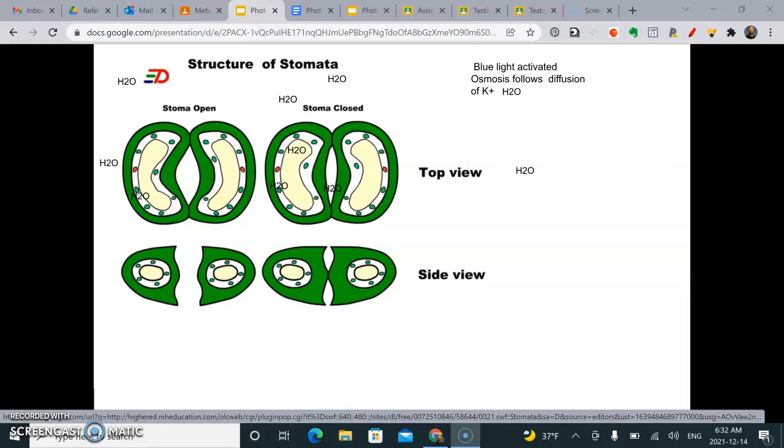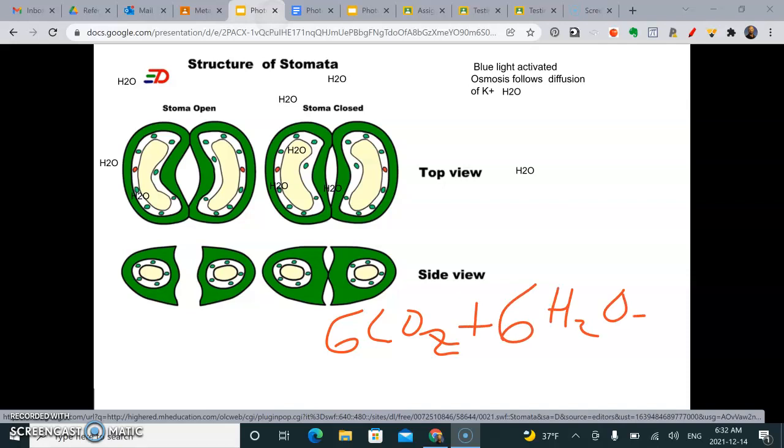because the overall equation for photosynthesis is the exact opposite of what it was for cellular respiration. So in photosynthesis we have 6 CO2 plus 6 waters, and that gives us our glucose and our oxygen.